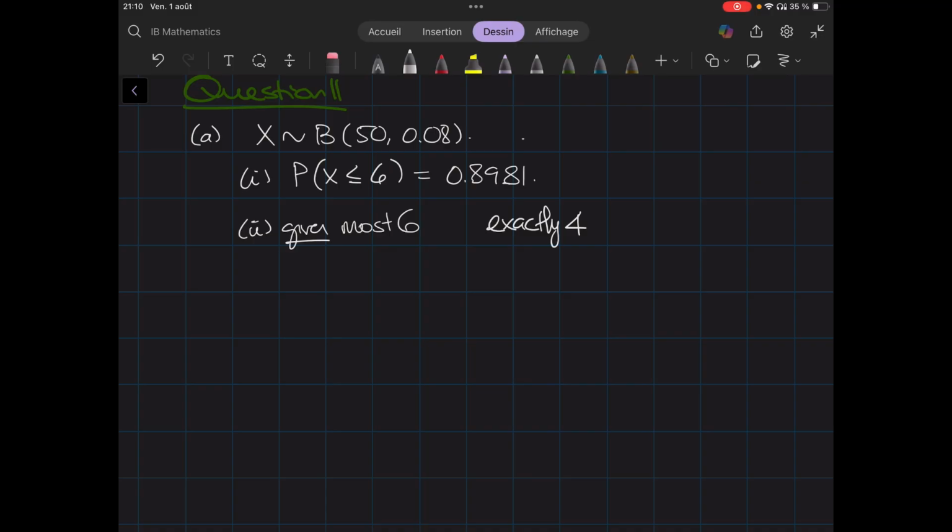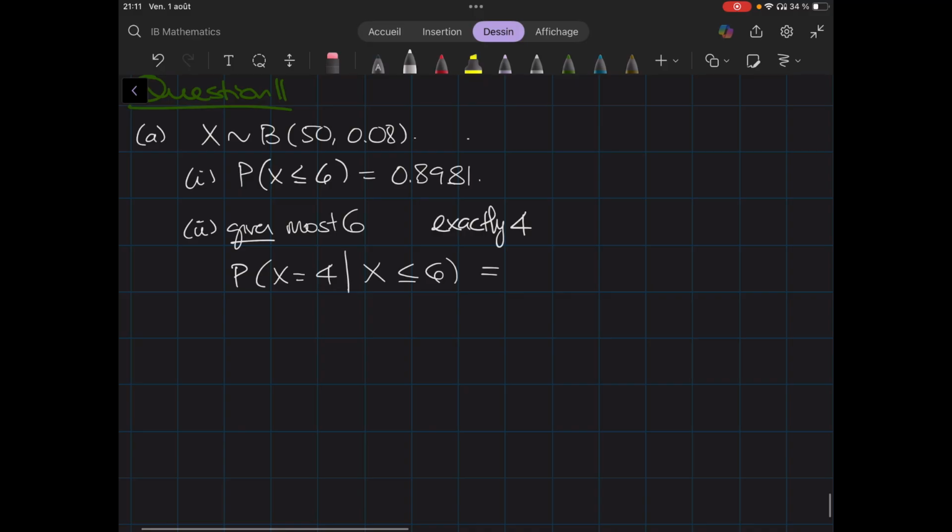We have a conditional probability. In other words, we want to find P of X equals 4 given that X is less than or equal to 6. So that means we're going to find P of X equals 4 divided by P of X less than or equal to 6.